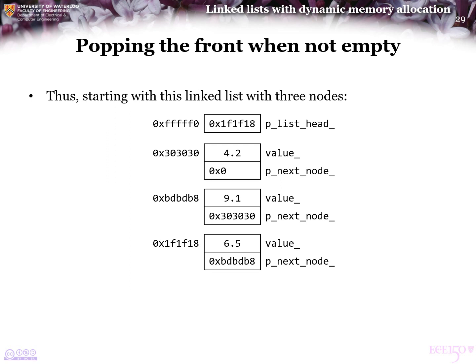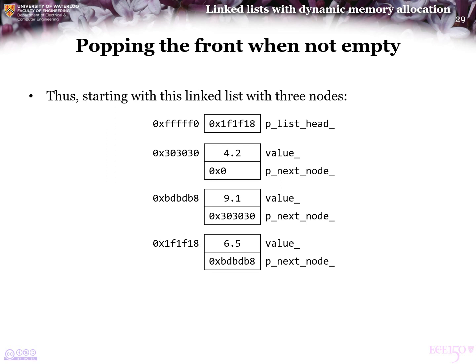Its next pointer to next node member variable stores the address BD8. That is the second node from the bottom, which is storing the value 9.1. It's storing the address of the third node in the linked list, which itself stores null pointer in its pointer to next node member variable.